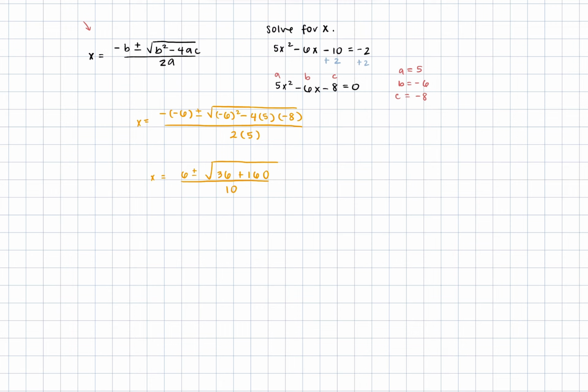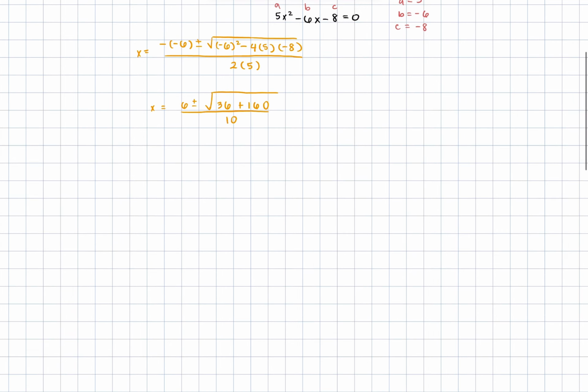We can simplify even further. 36 plus 160 gives us 196. Then we can take the square root of 196. It's a perfect square, so it's 14. So x equals 6 plus or minus 14, all over 10.